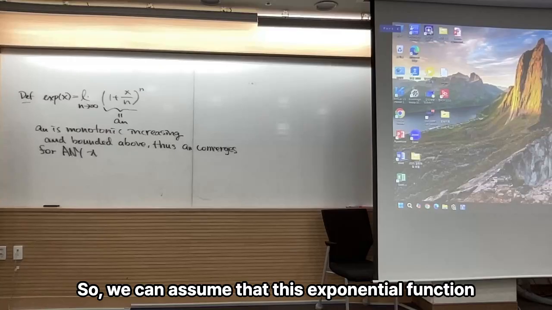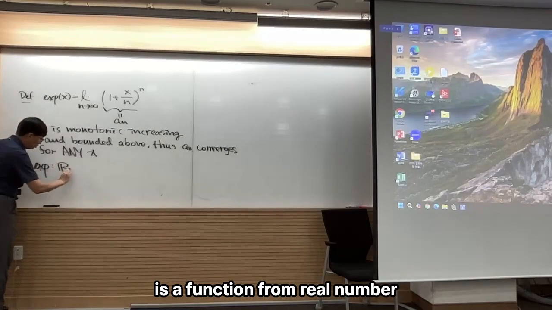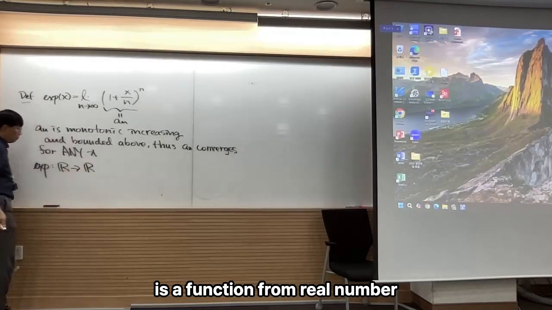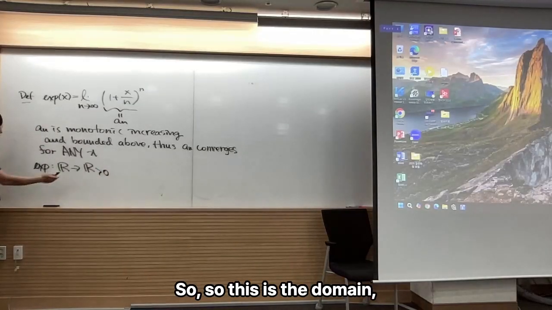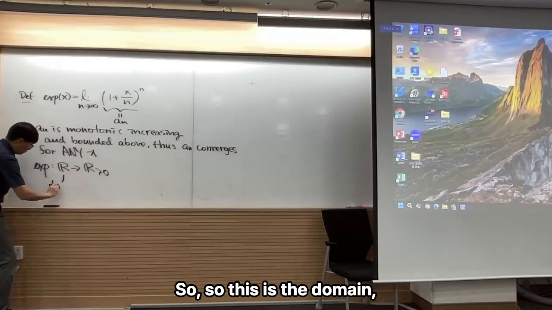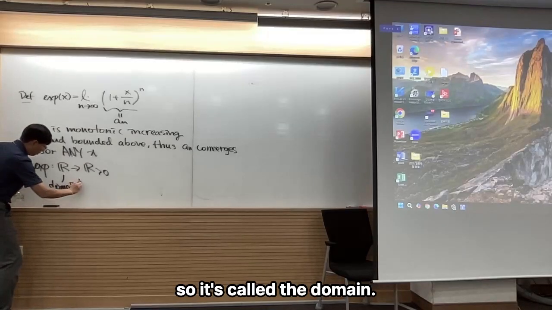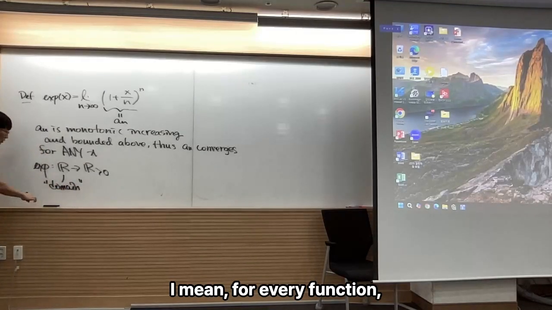So we can assume that this exponential function is a function from the real numbers to the positive real numbers. So this is the domain. I mean, for every function, it's called the domain.